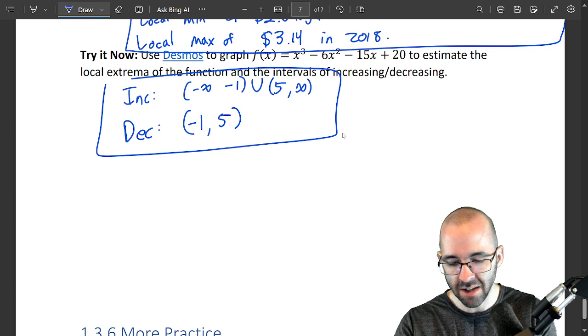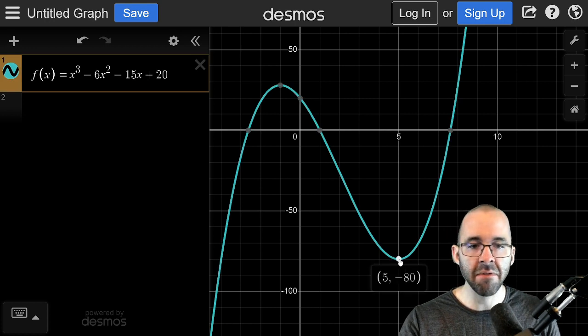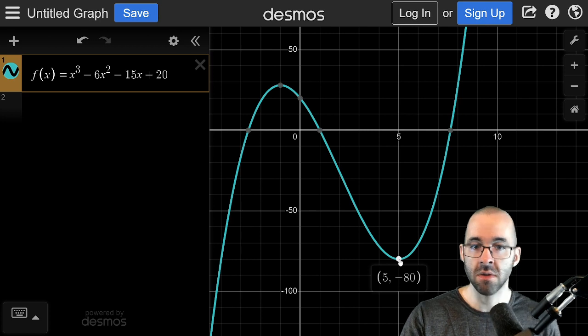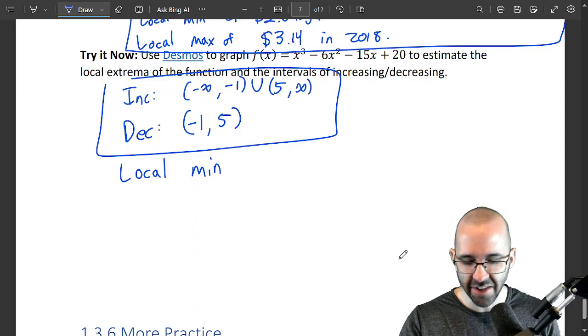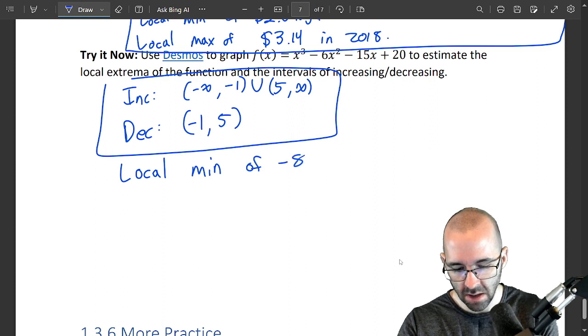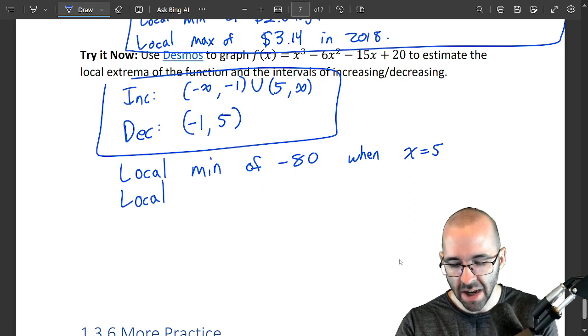Let's get our syntax right. We'll have a local min. What is the minimum value here? The minimum value that this function gets locally around these parts is -80. When does that occur? When x is 5. We also have a local max.